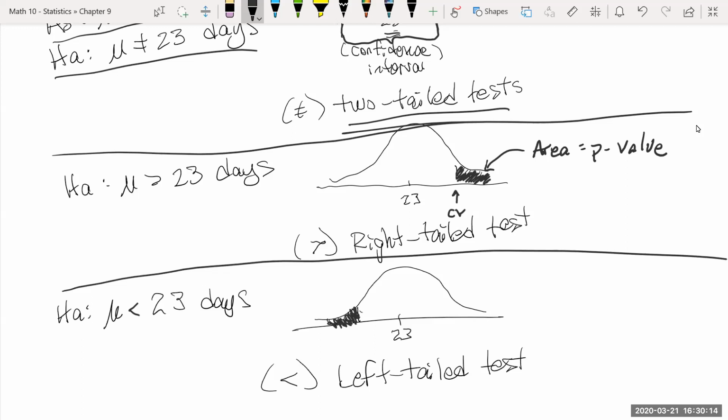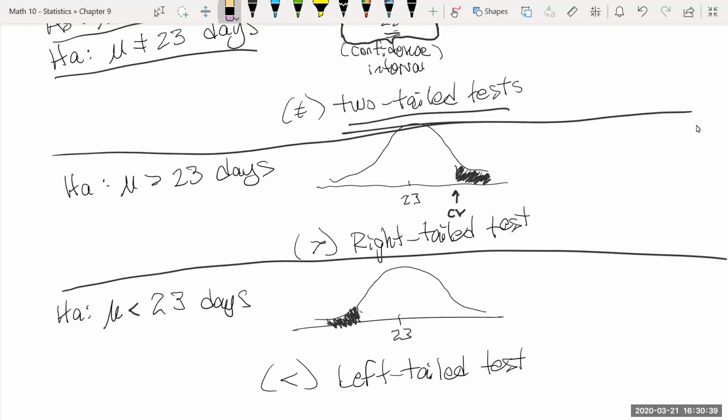And then we'd see if our value falls over in the area where the p-value is. So this area being the p-value isn't technically from the critical value over, it's from what we find from our data. The number is called the test statistic. So I'm actually going to erase calling this the p-value. I'll talk more about the p-value when we get into that section.